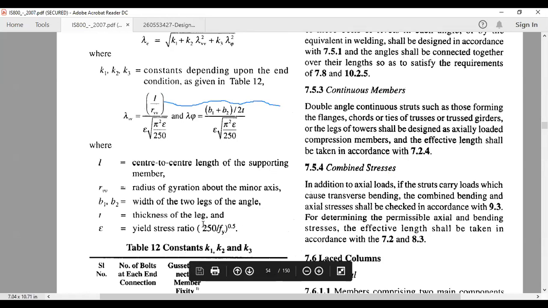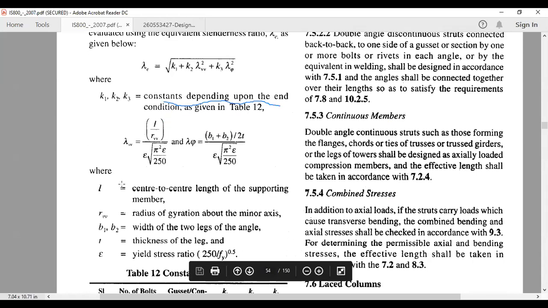It is the square root of 250 by fy. And inside this square root, this is not epsilon. This is actually E, the modulus of elasticity, 2 into 10 raised to 5. Wrongly it has been printed as epsilon here, but this is E, Young's modulus. So for lambda VV, substitute for these and obtain lambda VV.